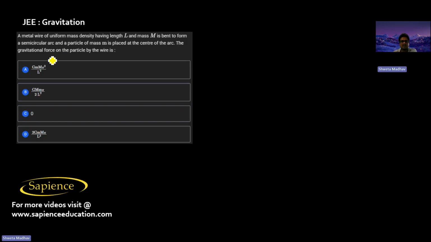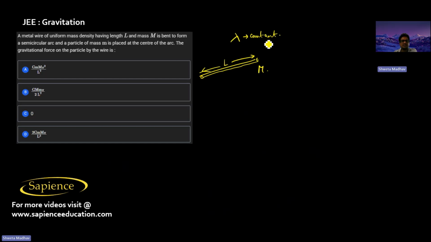Then it is told, a metal wire of uniform mass density. There is a metal wire of uniform mass density having length L and mass M. Uniform mass density, so lambda is constant.